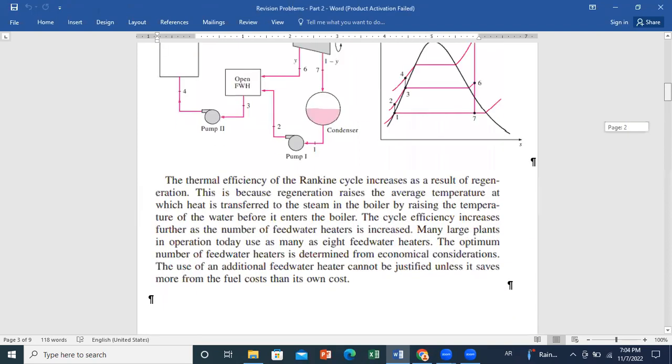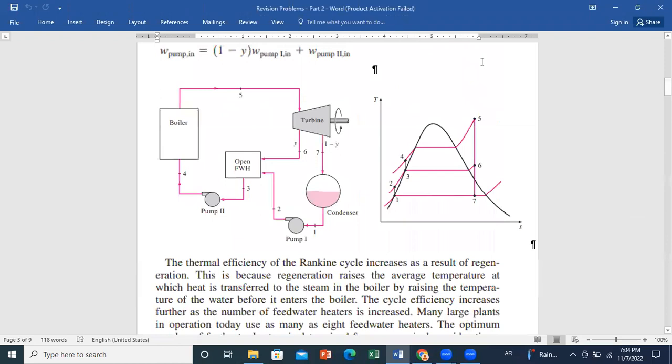So if you go back to our figure, we know that the input will be through the boiler. So at the boiler level, we have Q dot in, and the total mass flow rate will go through the boiler.